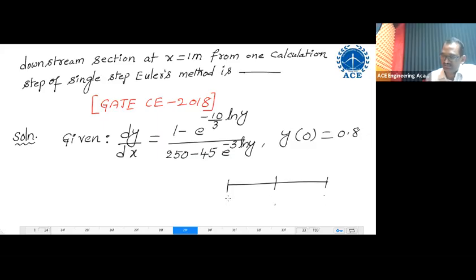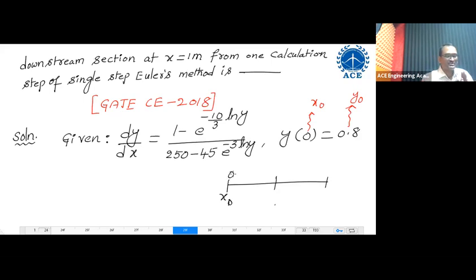The initial condition is x0. The y value at x0 should be y0. So x0 is 0.